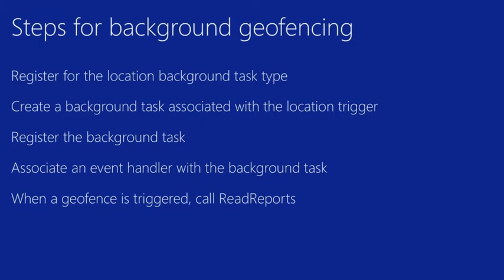This will get you set up for the on-complete notifications from that background task. And once a geofence for your app has been triggered, your app will receive an event from this new event handler, and at that point, your app would simply read reports and act accordingly, same as we've already shown in the location-based reminders demo.